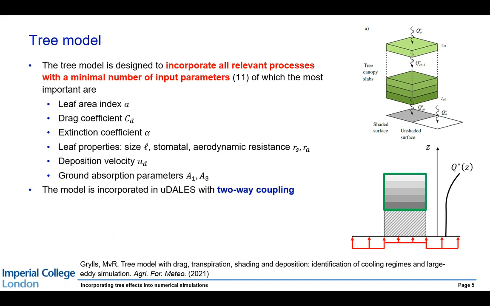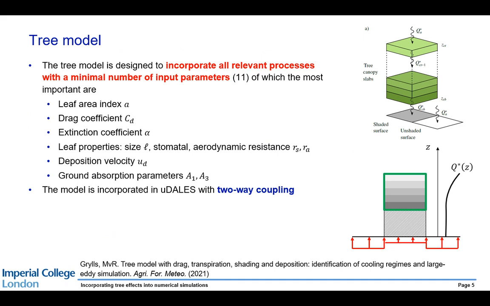The key thing to mention is the way radiation is treated. It's essentially treated as one-dimensional, with the radiation coming from above and the tree composed of a number of layers. And the way they can interact with the surface is through a kind of rudimentary surface energy balance, in which you can get shading on surfaces directly below trees.